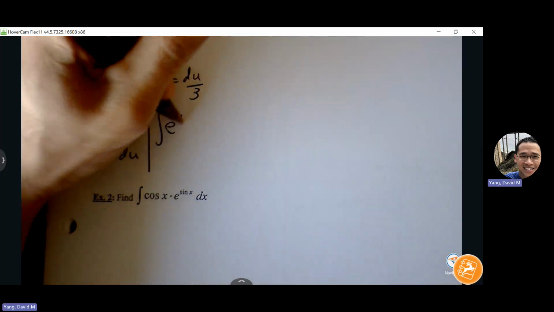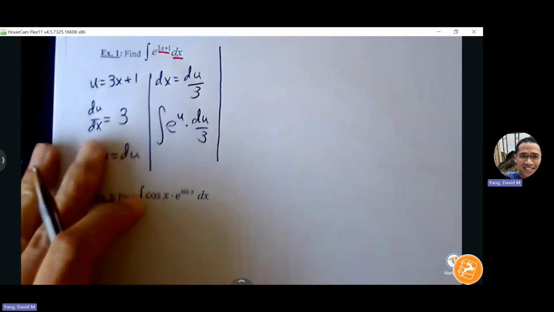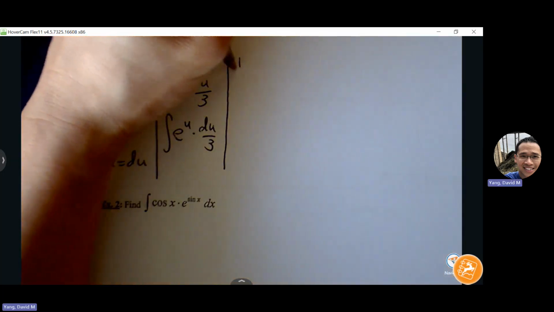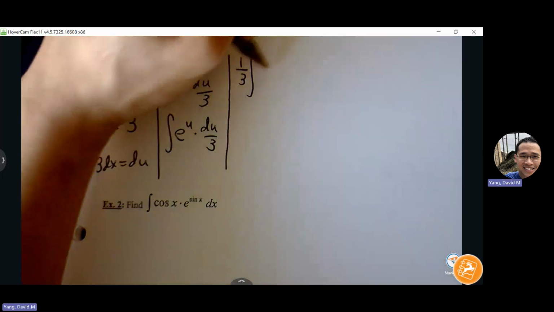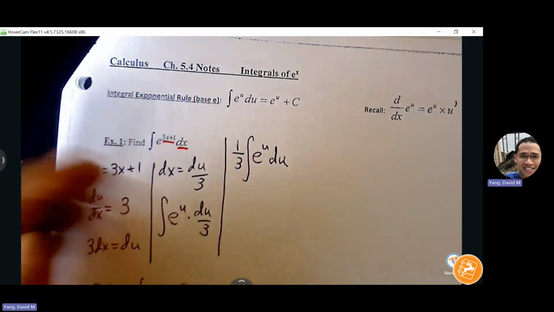Integral of e to the u times du over 3. We do want to push out what? Yeah, as 1/3. Are there any x's left over? No, that's a good sign, right? There's nothing to cancel out. And we get a perfect match with the rule that we want to use.